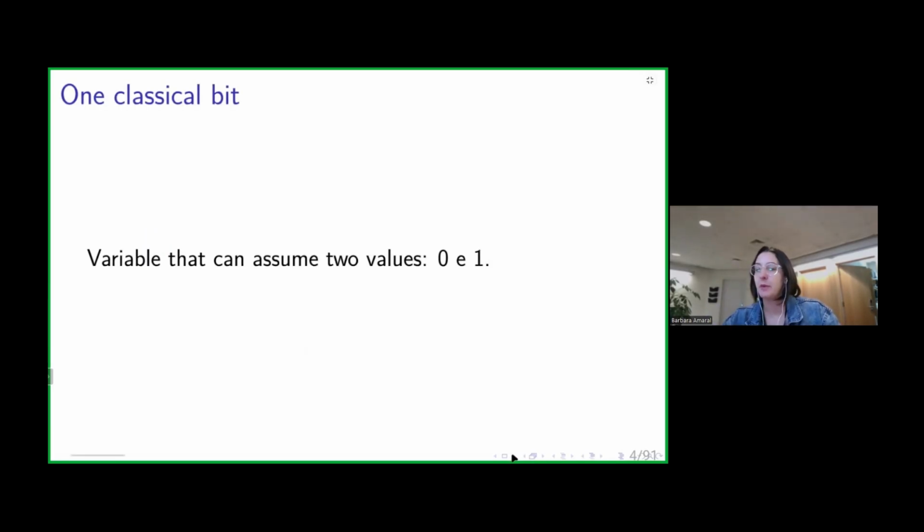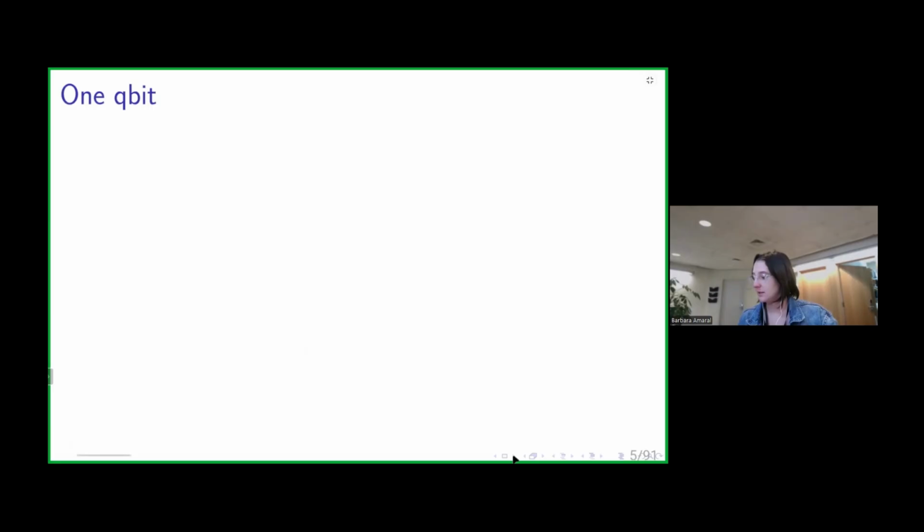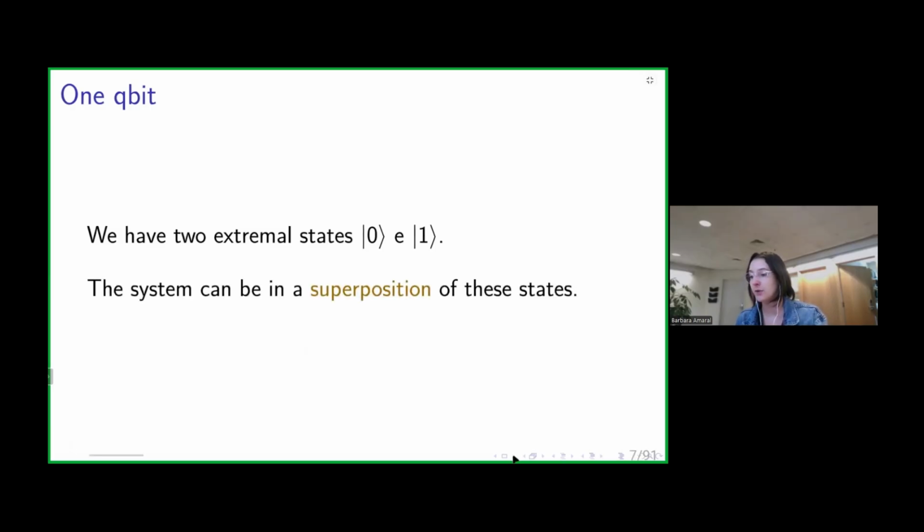Okay, so if we remember what happens with a bit, a classical bit is a variable that can assume two values, 0 and 1. And a qubit, by contrast, has two extremal states that are an orthonormal basis for the Hilbert space of the system, but the states are, in general, superpositions of these two states.